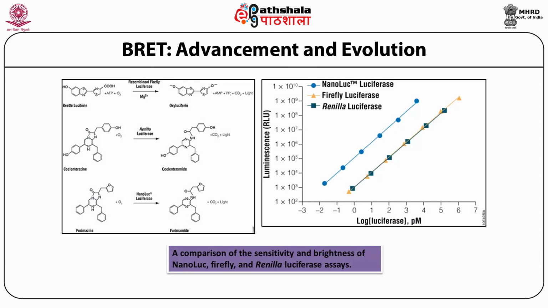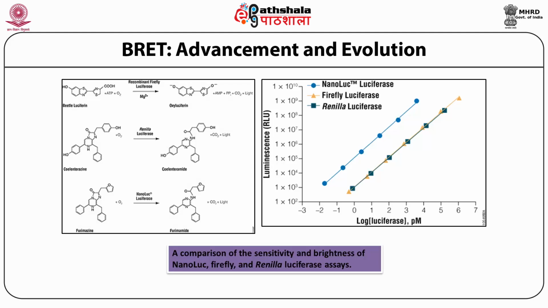Here we show the different luciferin substrates used for the BRET. For example, the beta luciferin, which is converted into oxyluciferin by firefly luciferase in the presence of magnesium. Another is coelenterazine, which is converted into coelenteramide by renilla luciferase. And the third one is furimazine.